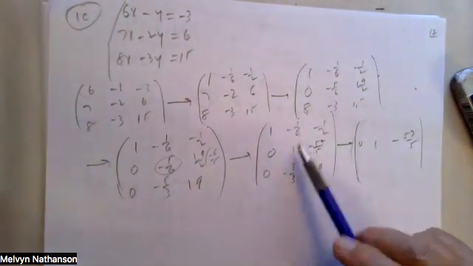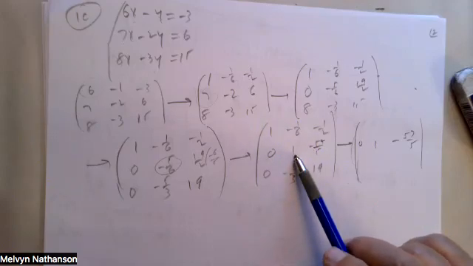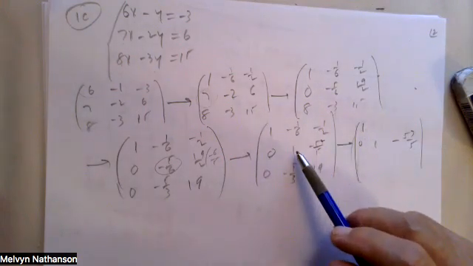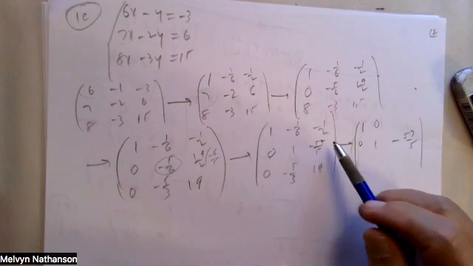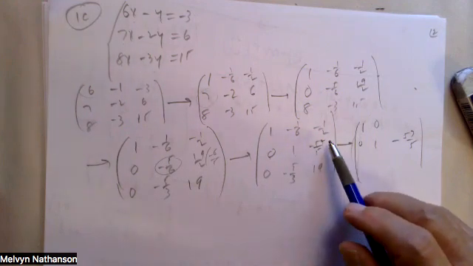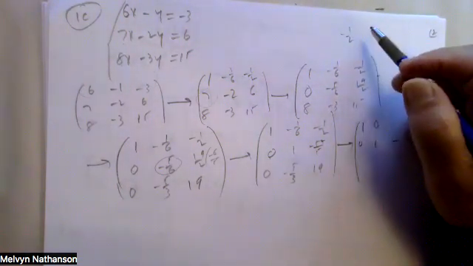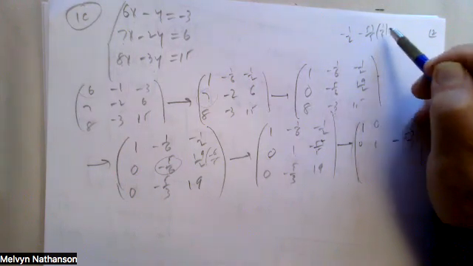I want to get a 0 here, so I multiply this by 1/6 and add. So 1 plus 0 is 1. Minus a 6 plus 6 is 0. If I multiply this by 1/6, what do I get? Minus a half minus 57 over 5 times 1/6.